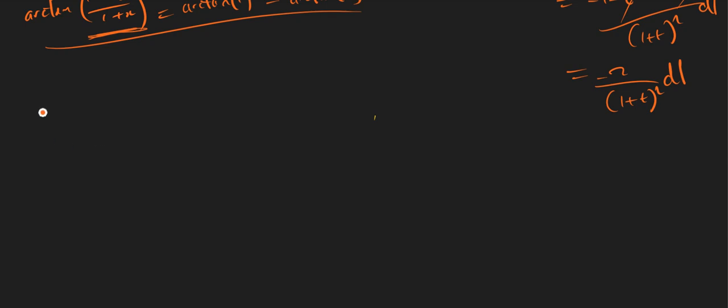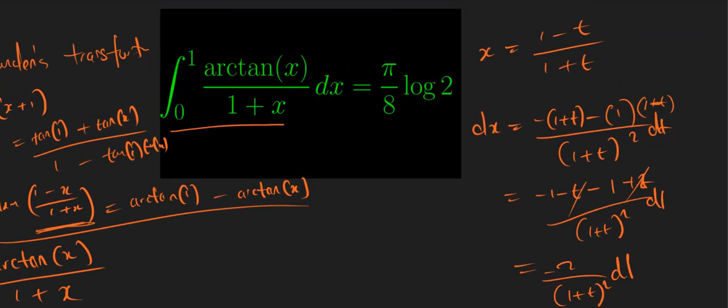Our integral here is the integral from 0 to 1 of arctan of x all divided by 1 plus x. Since t is (1 minus x) over (1 plus x), when x is 0, t is 1, and when x is 1, t is 0.